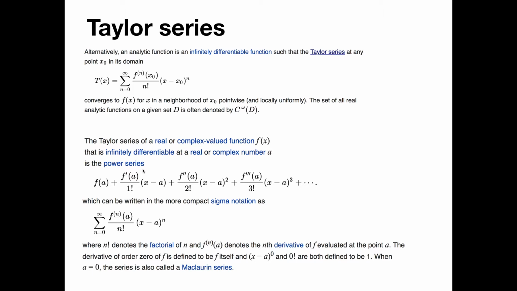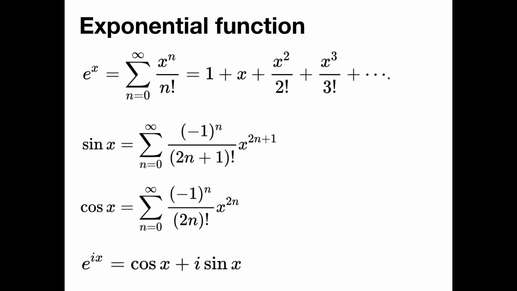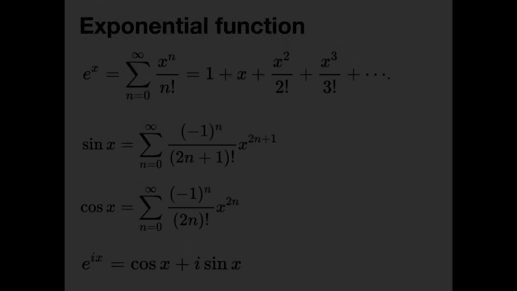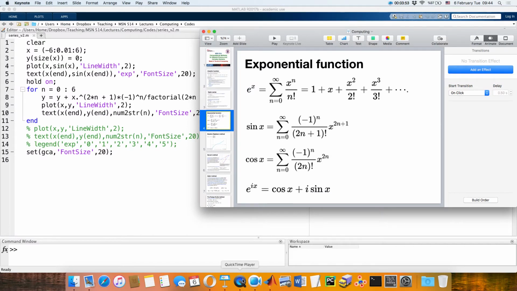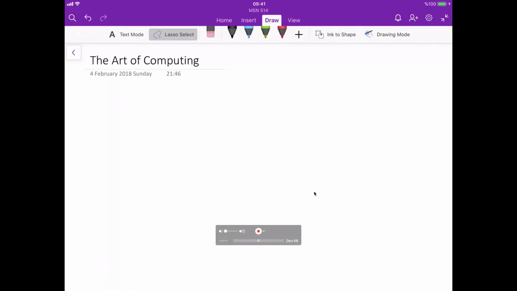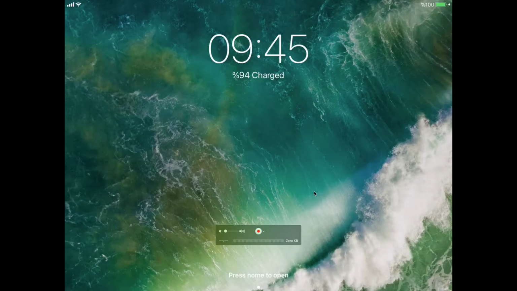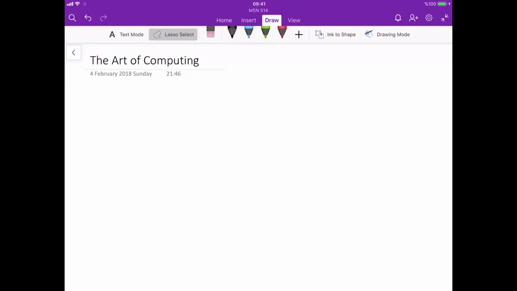Okay? Let's, for example, do it for typical functions that we know. For example, an exponential function. Okay? Let's open this, and I will open it. Okay. So, for example, e to the x.